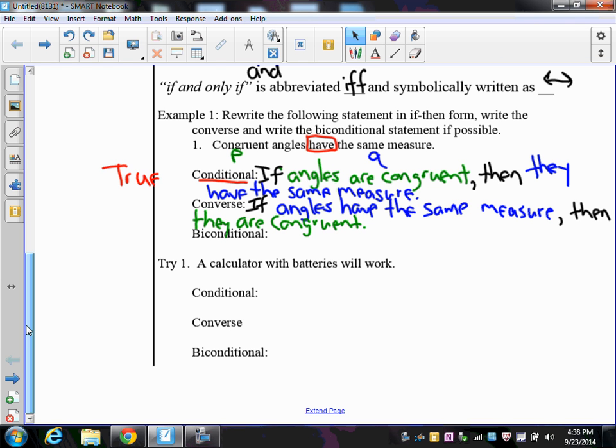So is the converse true? If angles have the same measure, that does mean they are congruent. So that in fact is true. So since both the conditional and the converse are true, we can write a biconditional.